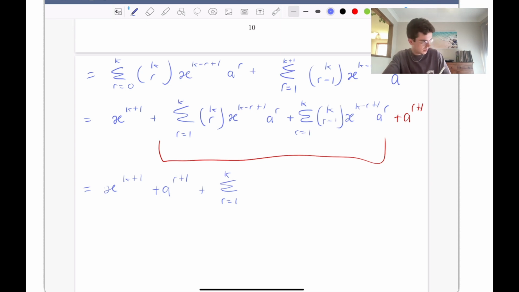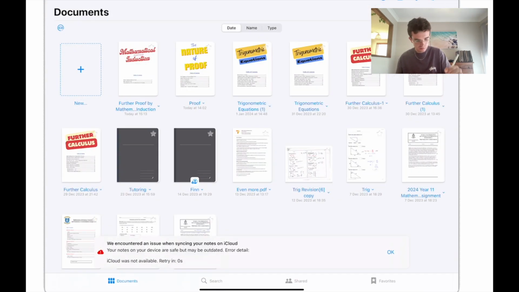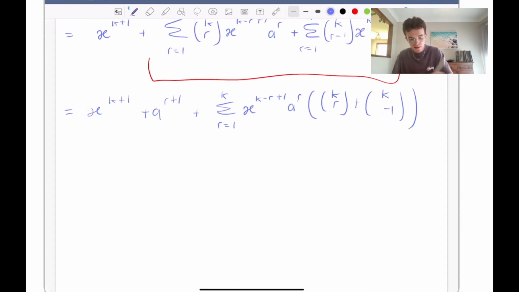of x to the k minus r plus 1 times a to the r outside of k choose r plus k choose r minus 1. But we know that k choose r plus k choose r minus 1 is equal to k plus 1 choose r.